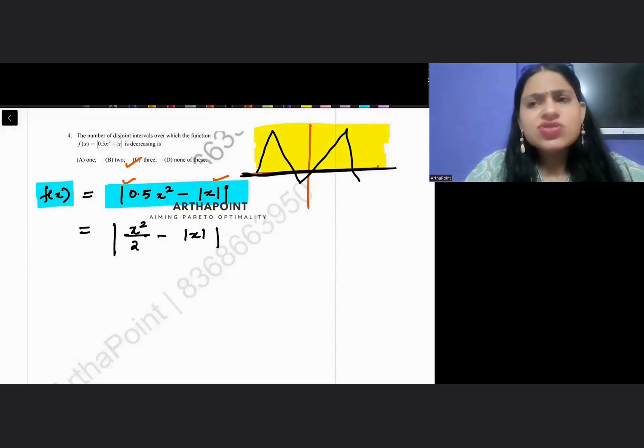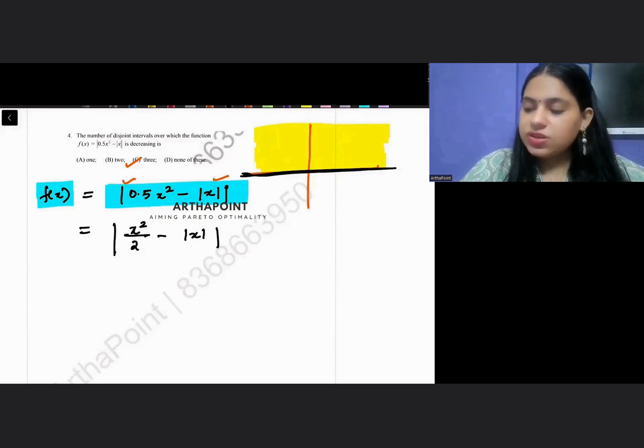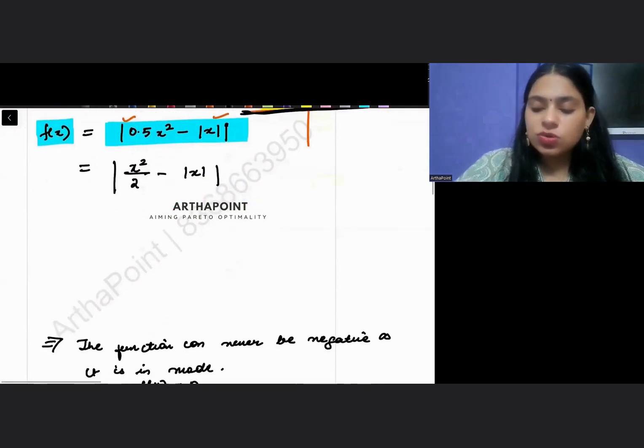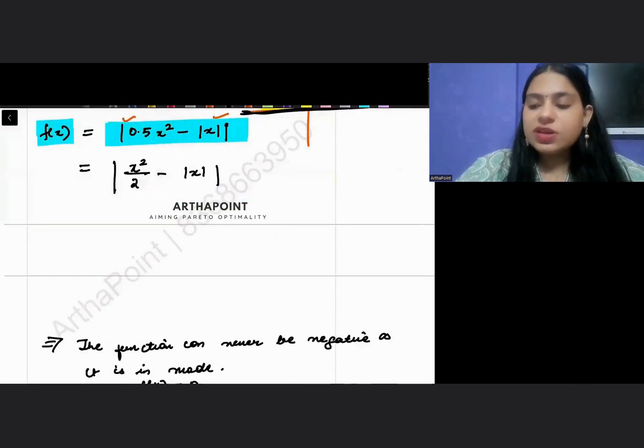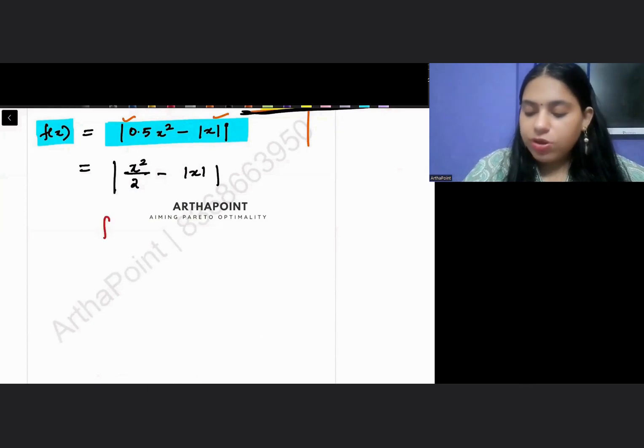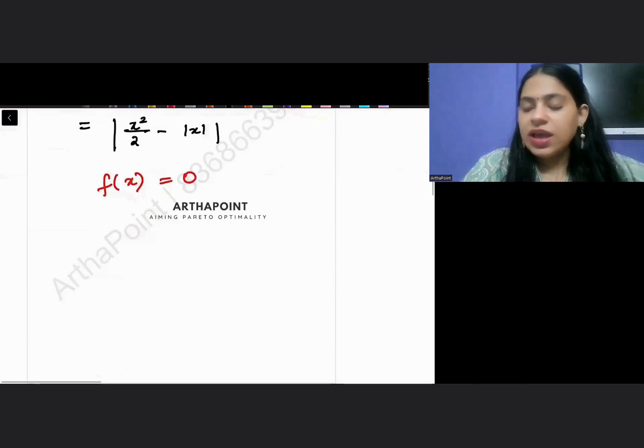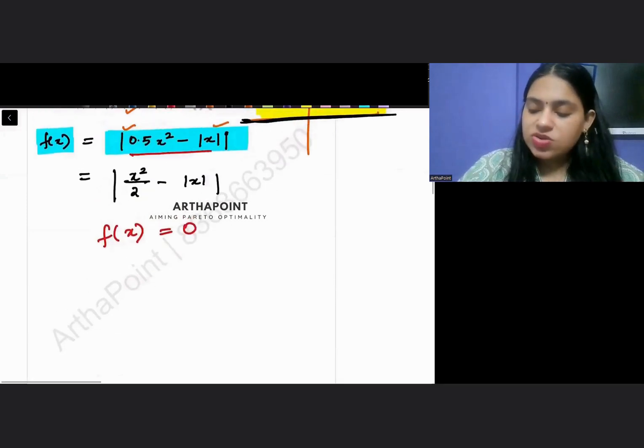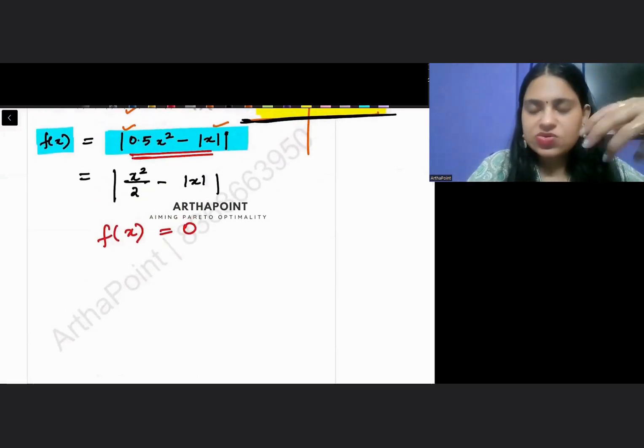So let us try to understand where this function cuts this axis. For that, I need to find out where my function becomes equal to 0. Just equate this to 0. Wherever this inside one is going to be 0, that is where your function will be 0.